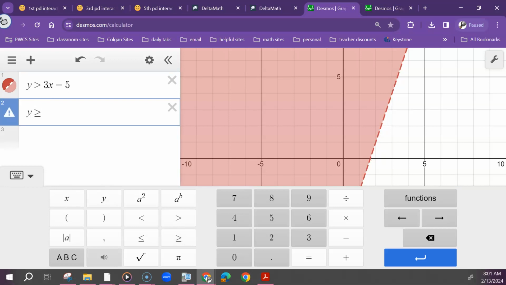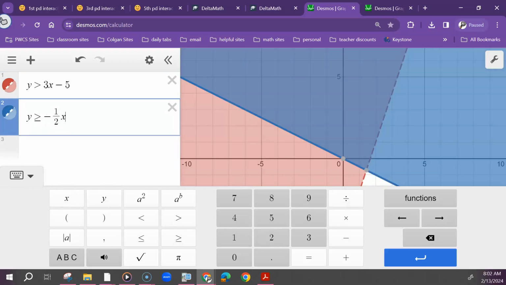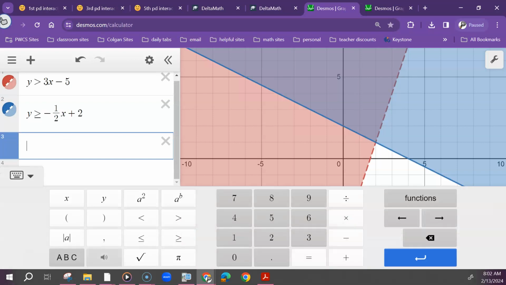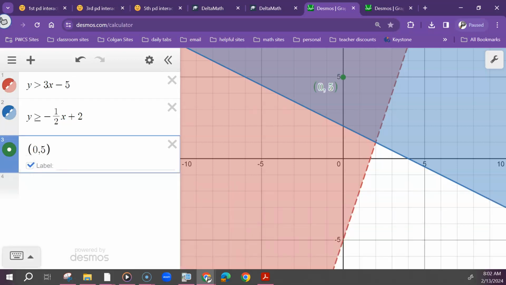There's an option that says draw. In Desmos, you can see where these overlap really quickly. You can see the type of line, and you could put in ordered pairs to see if it would be a solution or not. So use Desmos to check this also.